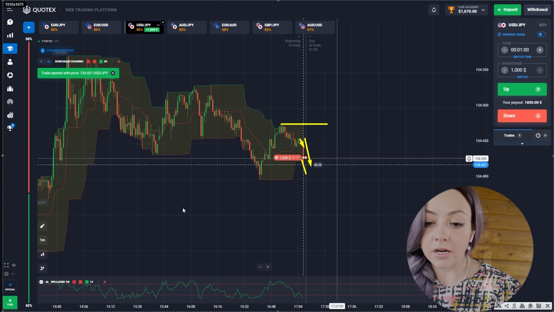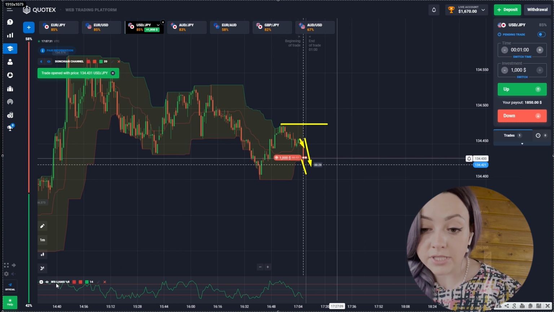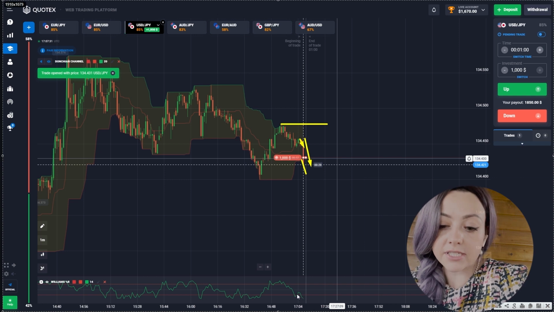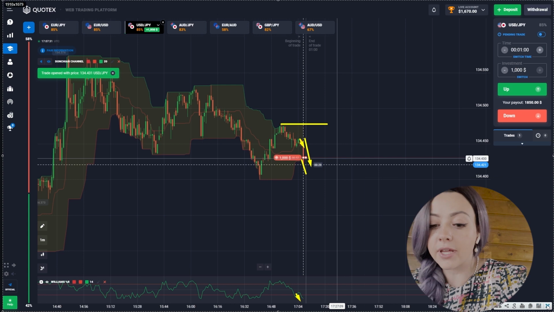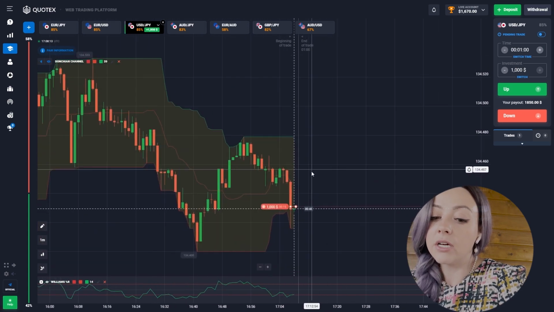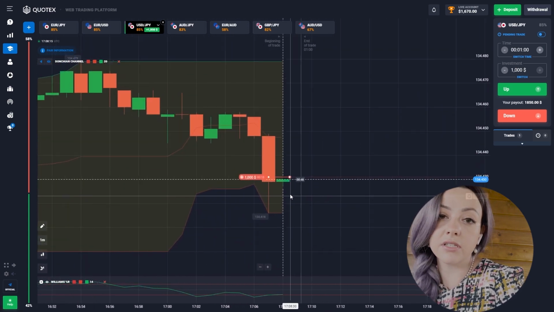Also, the overall meaning looks down, this tail. Williams percent range. According to these indicators, we look down as well, and we got over this overselling.